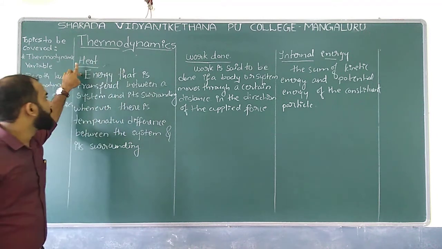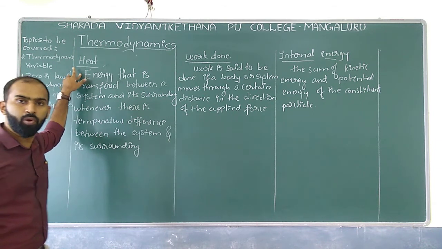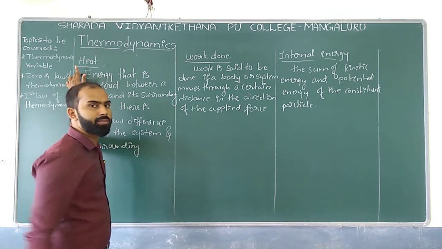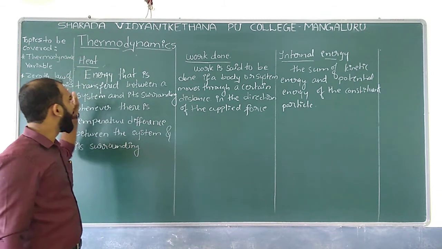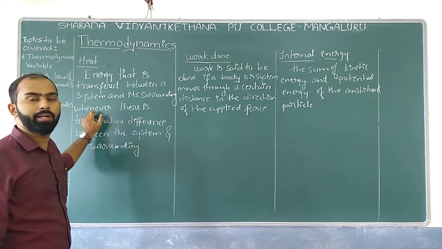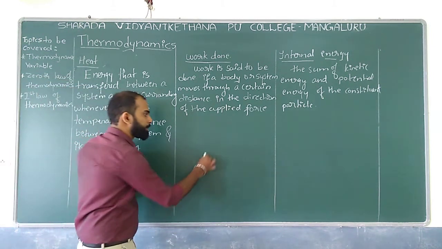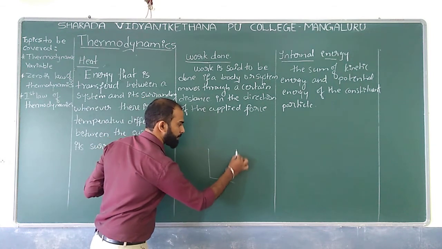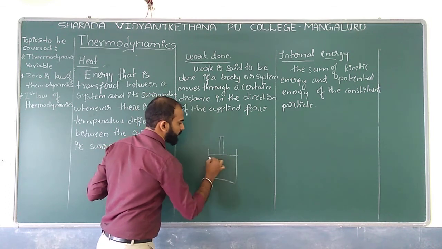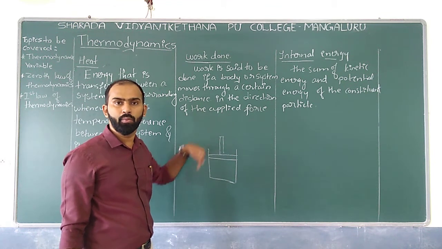Similarly, it is the energy that is transferred between the system and the surrounding, as we discussed in the initial stage of our class, whenever there is a temperature difference between them. Take a chamber somewhat like this, with a movable piston. Okay? Imagine there is a gas inside the chamber with the movable piston over here.